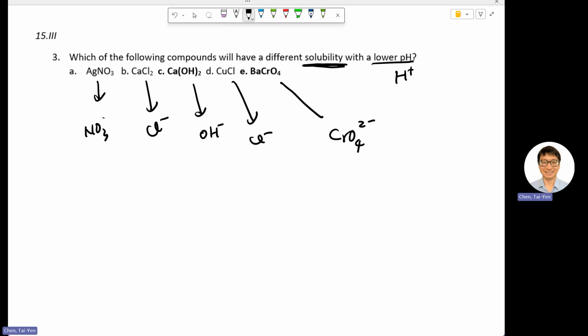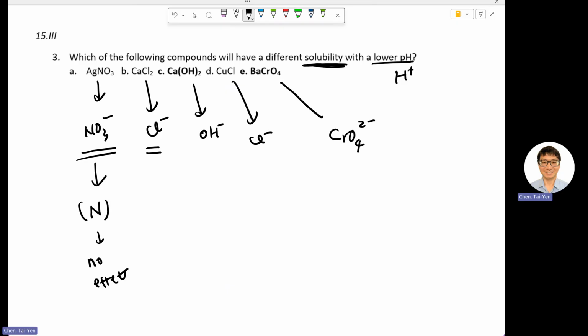Then you look at this. NO3 minus is the conjugate base of HNO3, which is a strong acid. Therefore, its conjugate base will be neutral. Therefore, it doesn't have effects. Second one, Cl minus is the conjugate base of HCl.